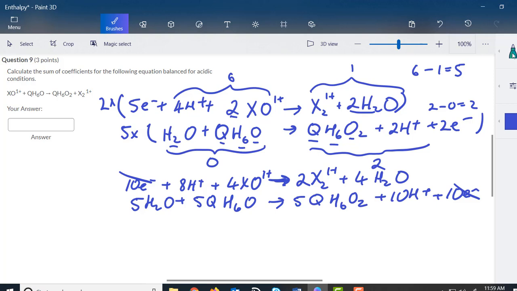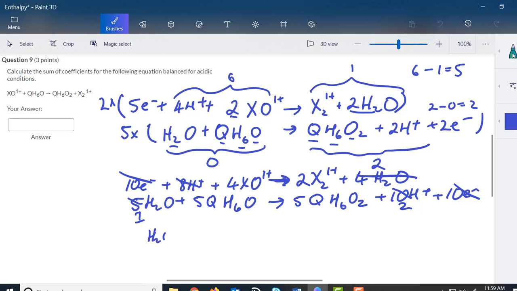Now the electrons will cancel, and now we can balance out the rest of this. As far as the H pluses go, that's 8 up there, and that's 10 down here, so we'll change that to a 2. For the waters, that's 4 up there and 5 down here, so I'll change that to a 1. Now I'm going to put all this together, and it's going to be like this.